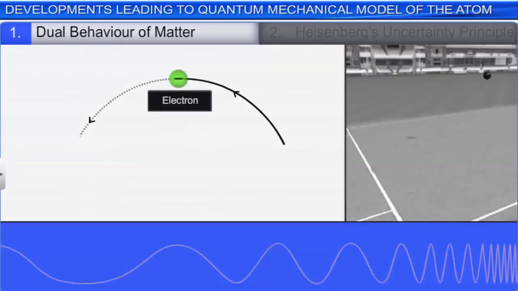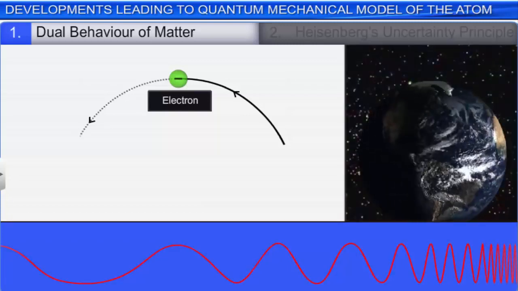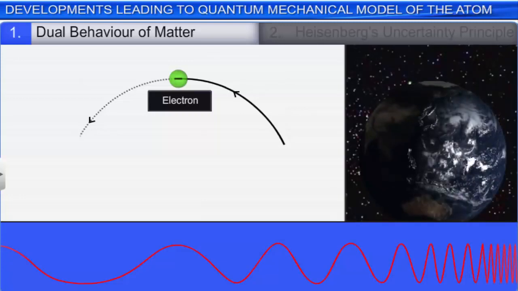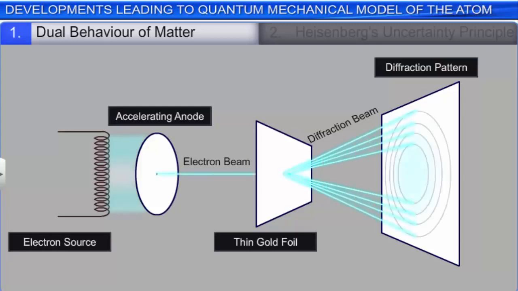Thus, the wavelength of lighter particles like electrons can be measured experimentally, whereas that of heavier objects like a ball or a planet cannot be detected. De Broglie's theory and equation was later proved to be correct when it was found that an electron beam undergoes diffraction, a property that is unique to waves.